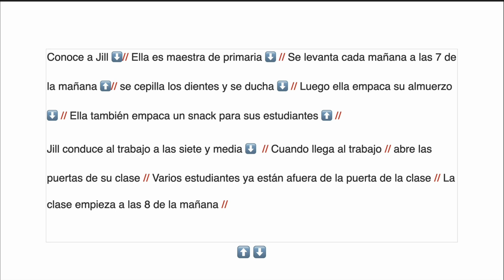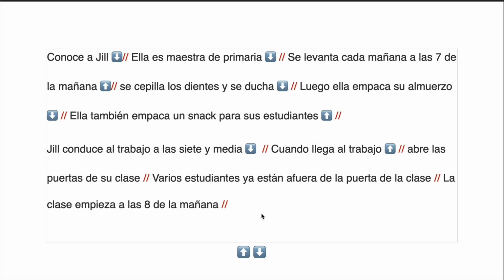Cuando llega al trabajo, abre las puertas de su clase. Cuando llega al trabajo, goes up, right? Remember, there was a comma here. Jill conduce al trabajo a las 7:30. Cuando llega al trabajo, abre las puertas de su clase. Okay?